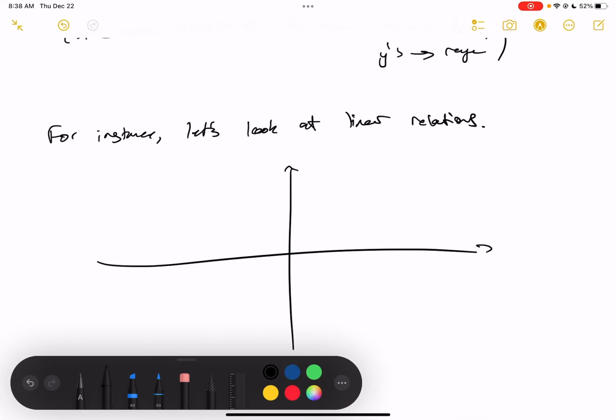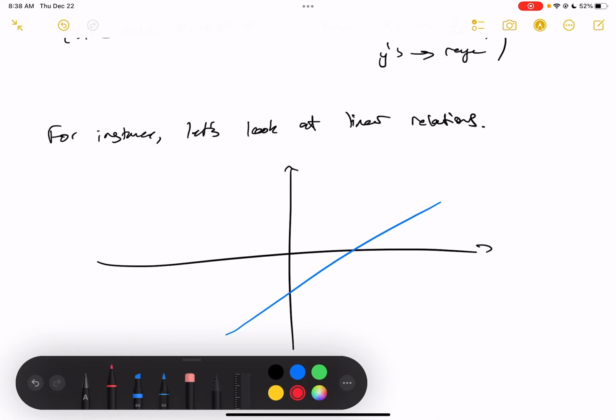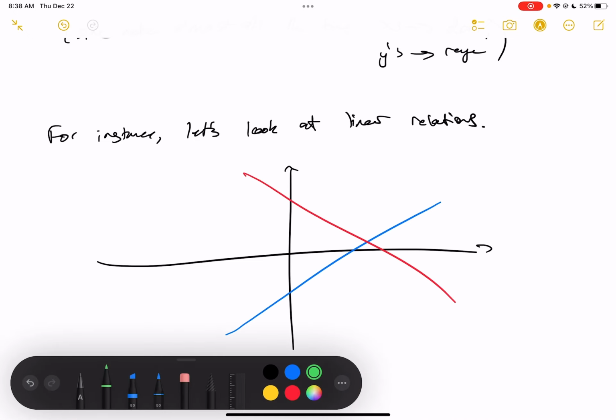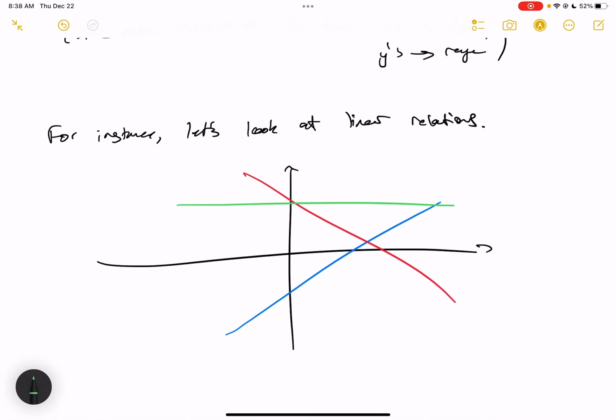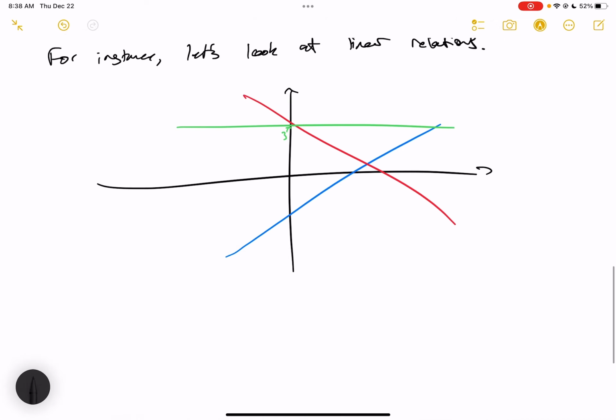But one thing to quickly recall is that straight lines, or like any kind of line that we know of when we're plotting it, unless we specify otherwise, is going on and on forever in the direction that we want it to go. All right, so there's that, and let's draw this green line up here that's going horizontally. And I'm going to say that it's passing through 3 at about right here. That'll be important for later. That's why I'm specifying it.